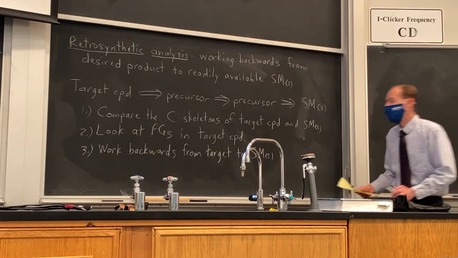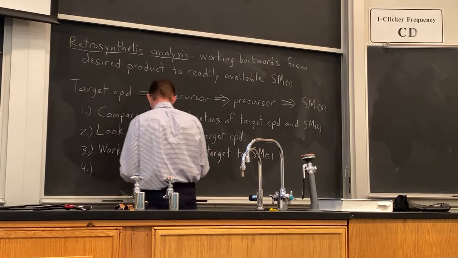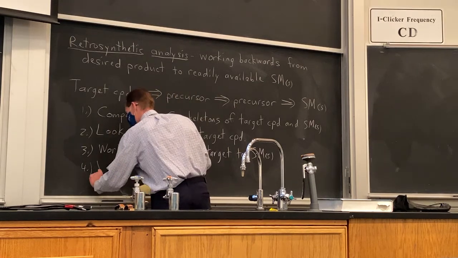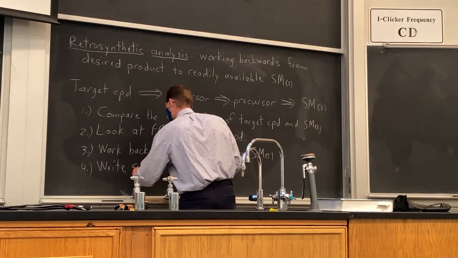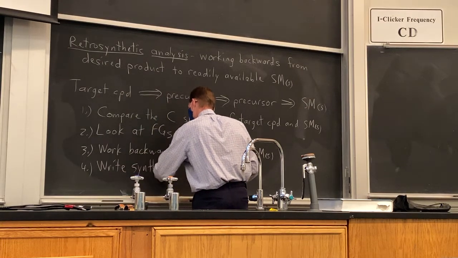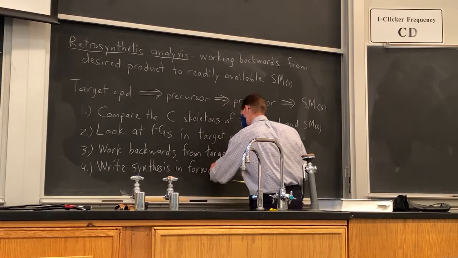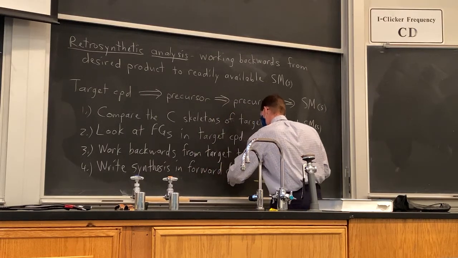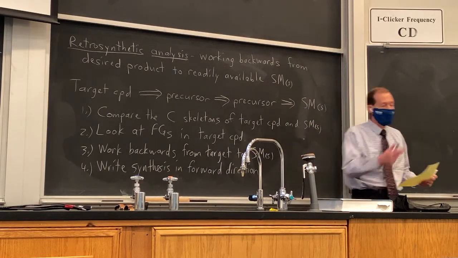Okay? And then once you've worked backwards, once you've succeeded in reaching your starting material, then you need to write the synthesis in the forward direction. And when you write the synthesis in the forward direction, you don't need to draw the mechanisms.